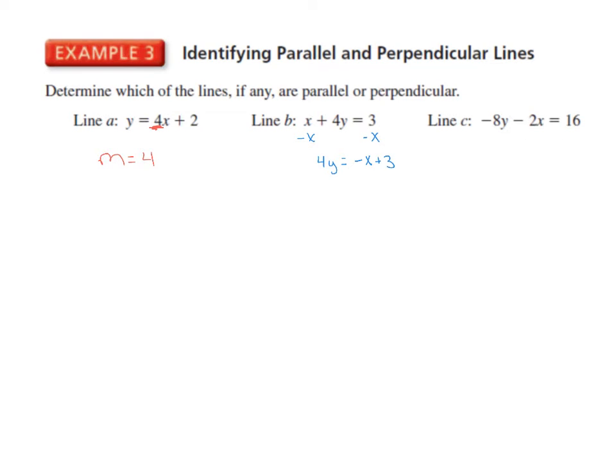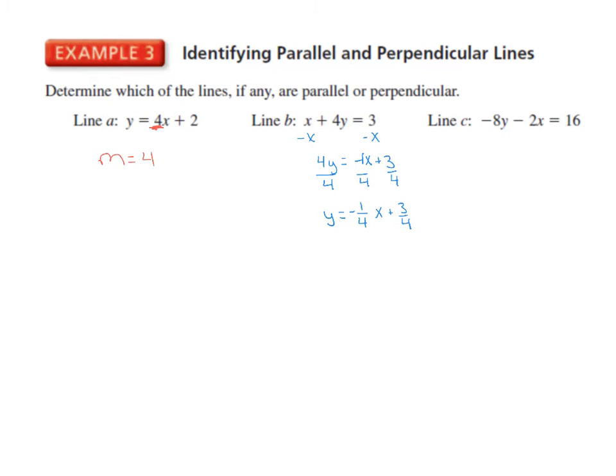I subtract x from both sides, and now I'm going to divide everything by 4. I get y equals, remember that -x is the same as -1x, so I'm going to rewrite this as -1/4 x plus 3/4.